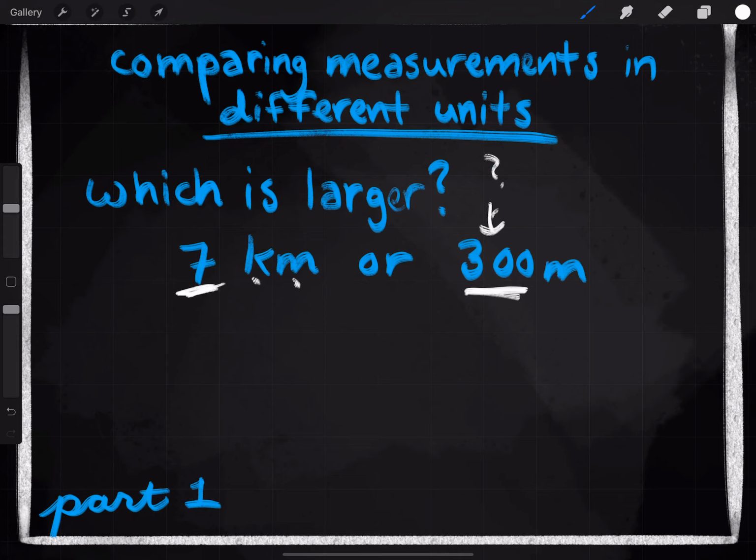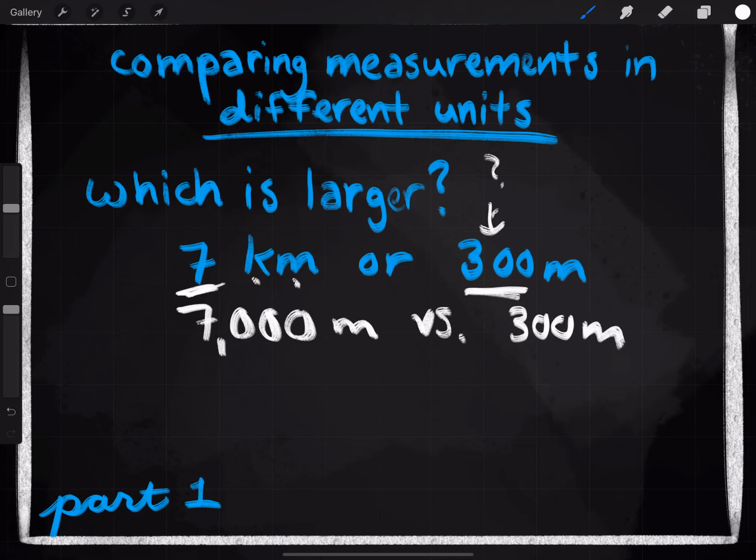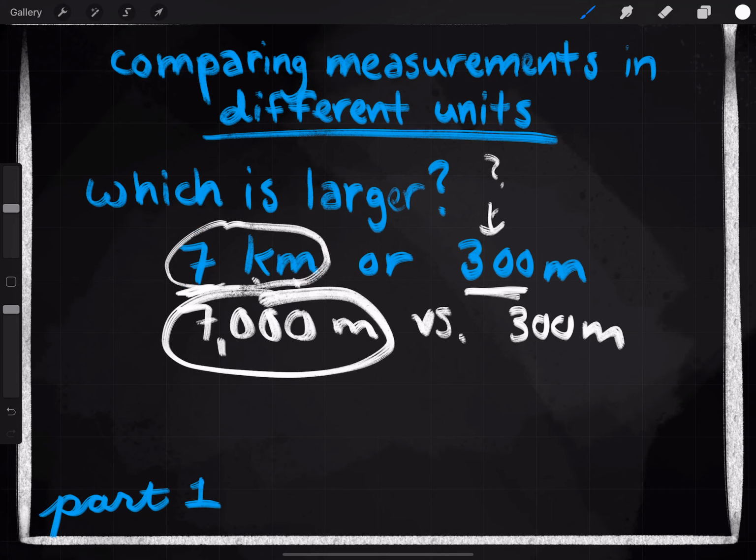So first let's convert the kilometers into meters so we can compare. So 7 kilometers, I'm going to multiply by 1,000, 7,000 meters. So which is bigger, 7,000 meters or 300 meters? Well, 7,000 meters is much bigger. So 7 kilometers is a lot longer than 300 meters.